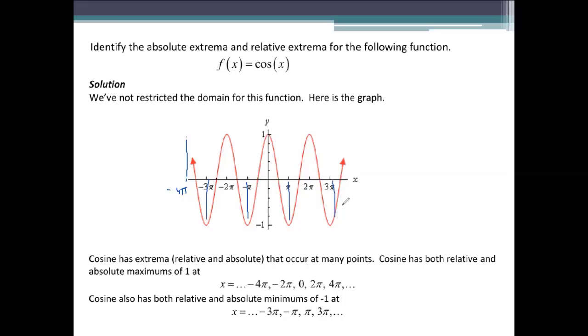So at these points, we have both relative and absolute minimums of minus 1. Again, cosine has both relative and absolute maximums of 1 at these points. We have infinitely many points, and the function has both relative and absolute minimums of minus 1 at this one and this one.